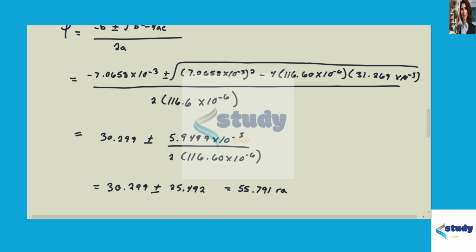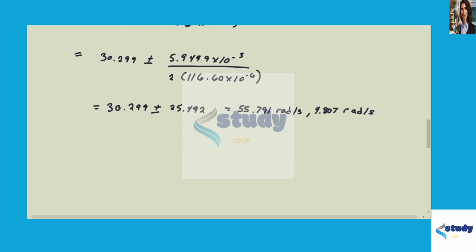And this gives us 55.791 radians per second, or 4.807 radians per second. Okay. And we're going to scroll down. And so there's two possible states. What we're going to do is times both of these by 1 rev over 2 pi radians times 60 seconds over 1 minute.